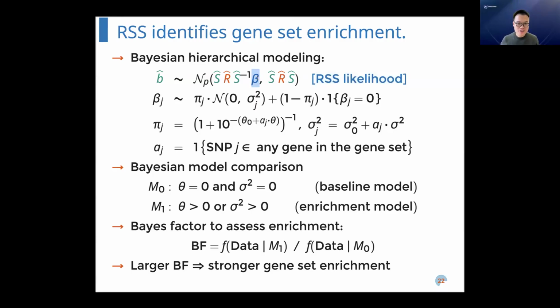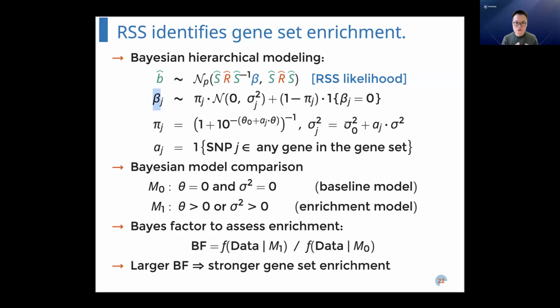Beta shows up in the likelihood part as the unknown parameter, and then beta shows up again in the prior specification. And then by using Bayes' theorem, I can easily connect this likelihood with the prior. And that is how I utilize the GWAS data to estimate all these unknown parameters showing up in this Bayesian hierarchical model.